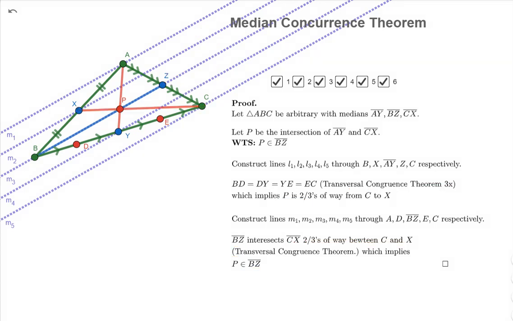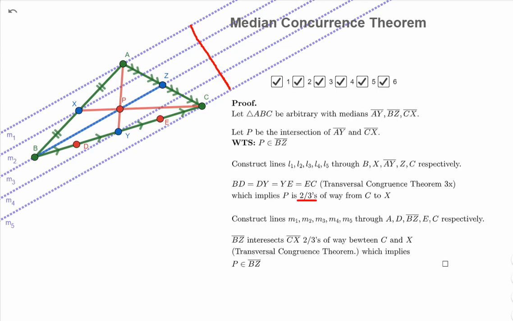So it's kind of an interesting set of proofs that we went through. We needed this theorem that when I have these equally spaced parallel lines, it's true for any set of parallel lines and any transversal. That's what allows me to get this 2/3 distance along C to X for P. But I had to apply it twice.